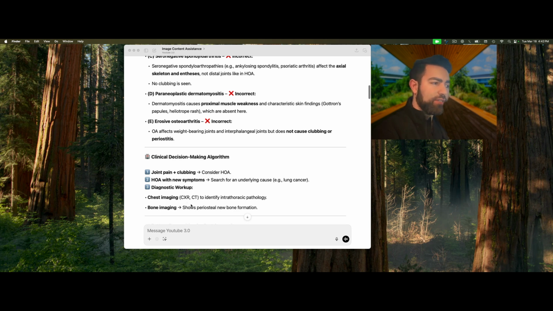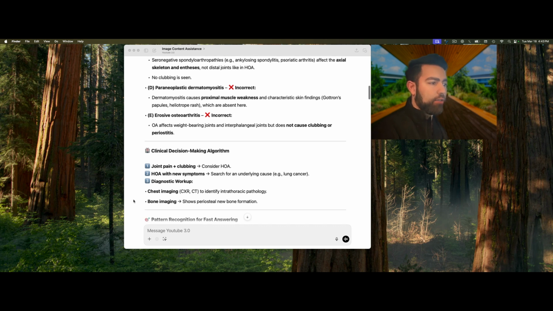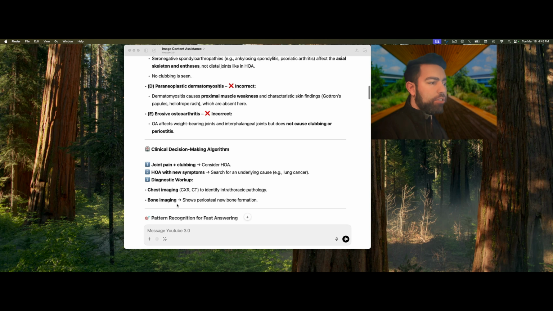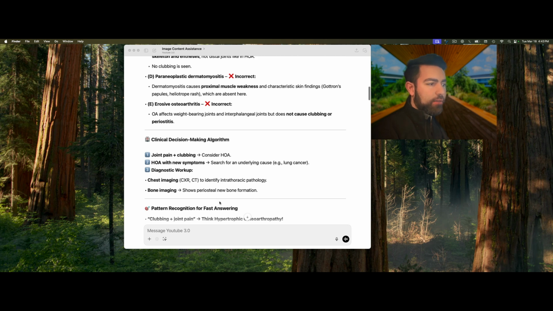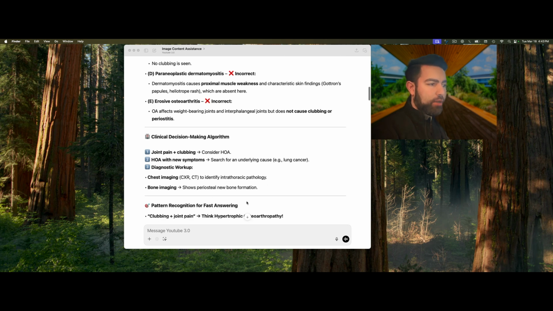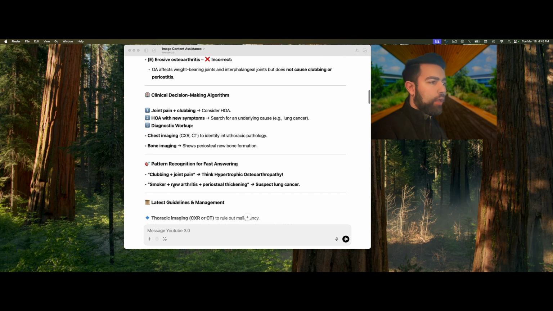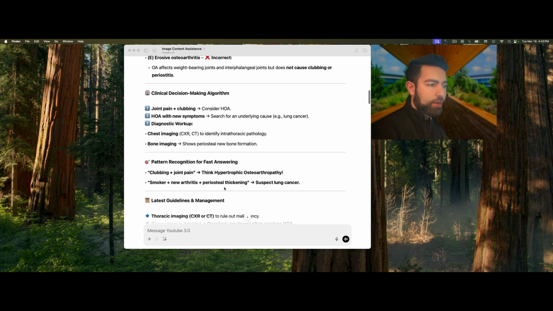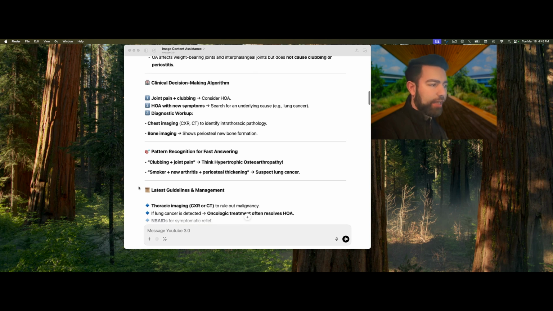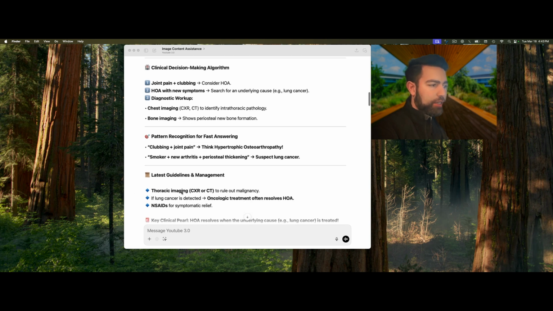And even if the chest X-ray is negative, I would suggest checking a CT of the chest, because sometimes the chest X-ray may not be as accurate in diagnosing the underlying cancer. With bone imaging, you can take a look at the bones and find the periosteal new bone formation. So again, clubbing, joint pain, think HOA. Smoker, new arthritis, and periosteal thickening, suspect lung cancer. And always check the chest.